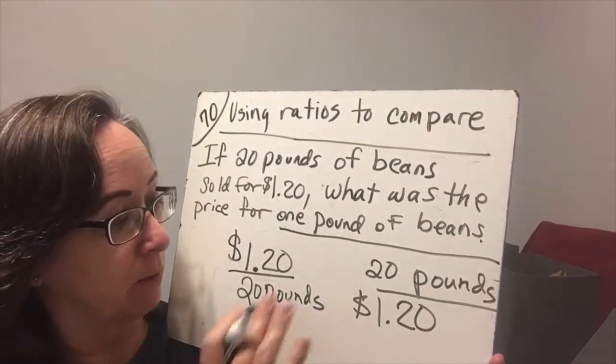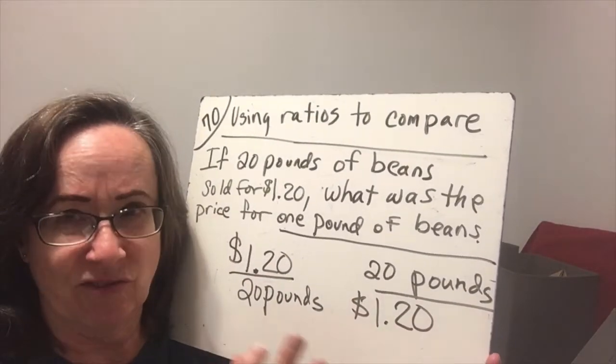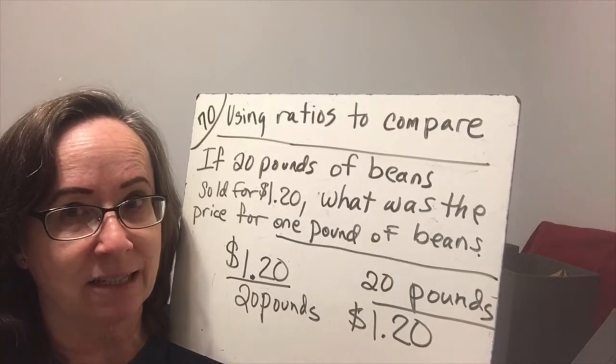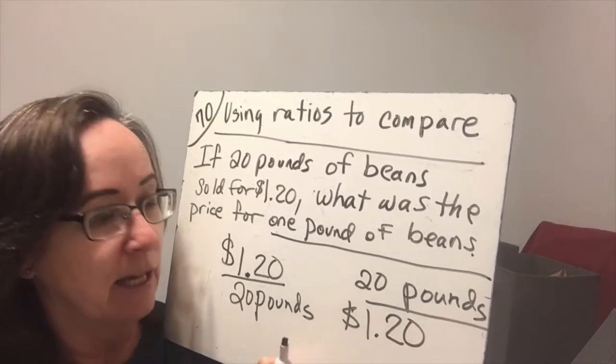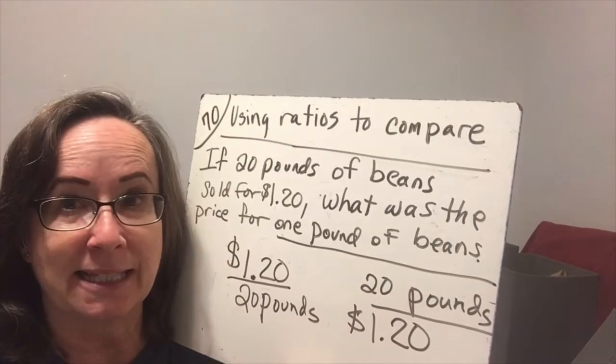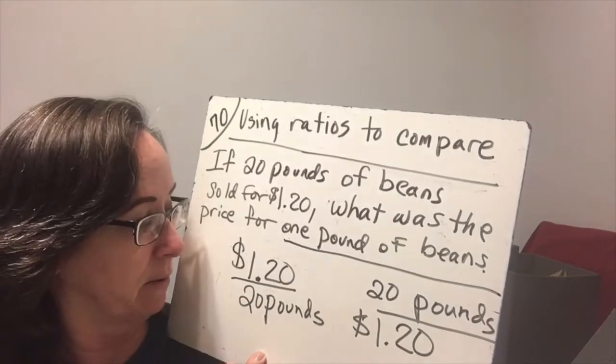Either way, we're looking at the $1.20 is fine. Your book puts it 120 cents, which is the same thing. So they did 120 cents just because it's easier not to have the dollar sign and the decimal.